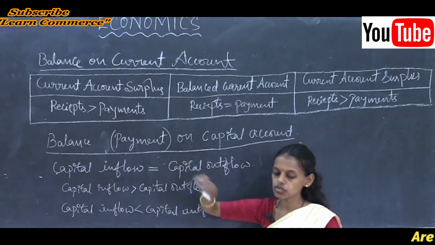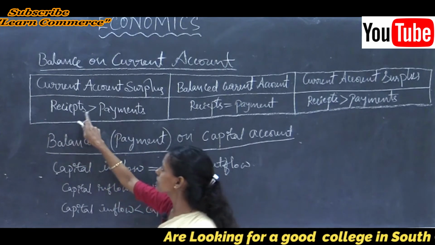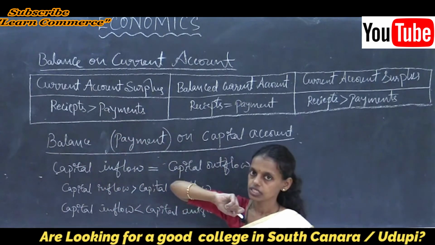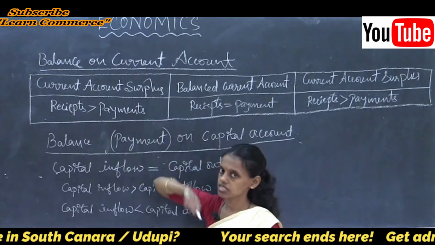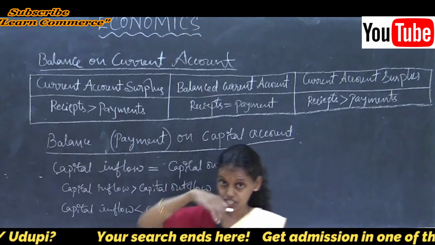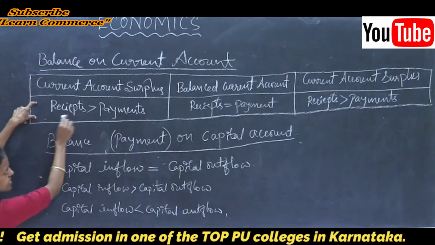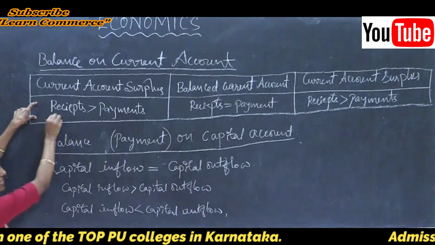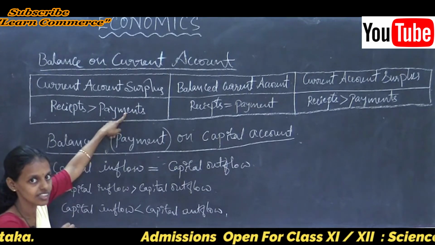Current account surplus is when the receipts are greater than payments. What you can understand by this, students, is that if R is greater than P, income is more than our expenditure.